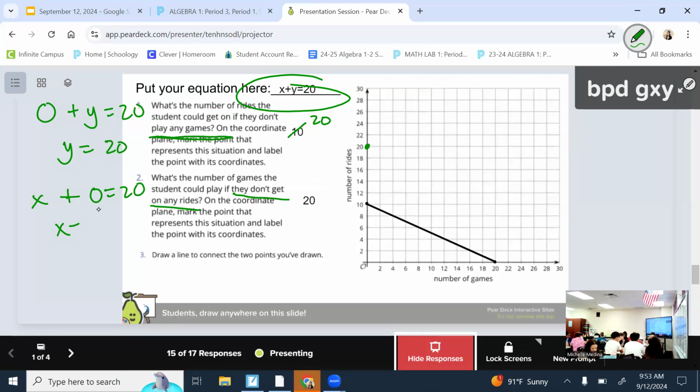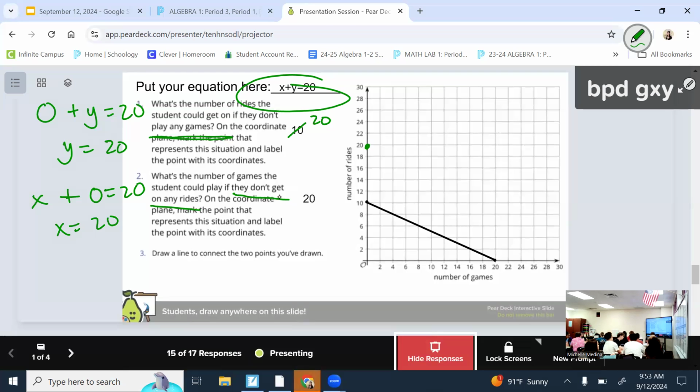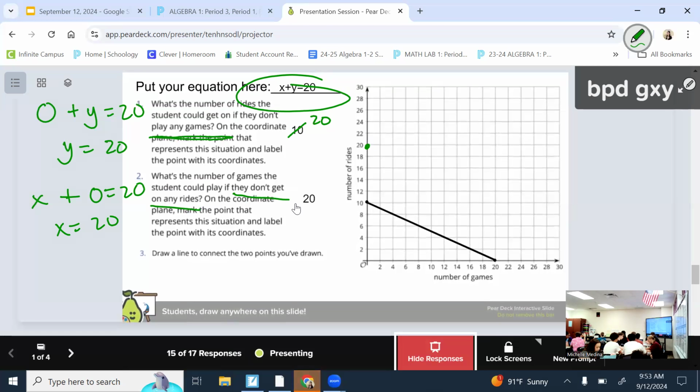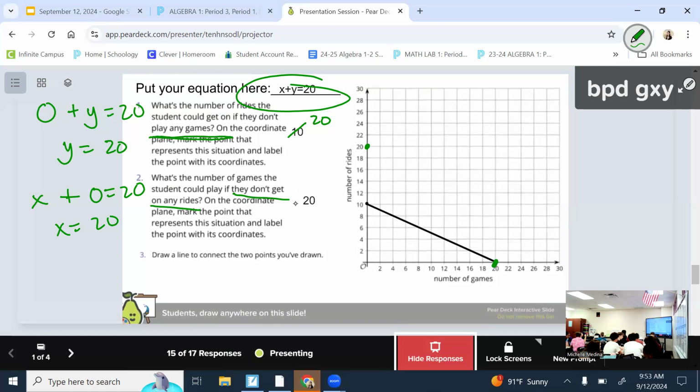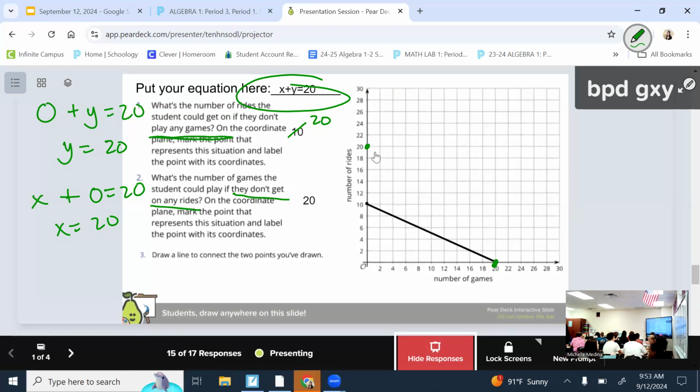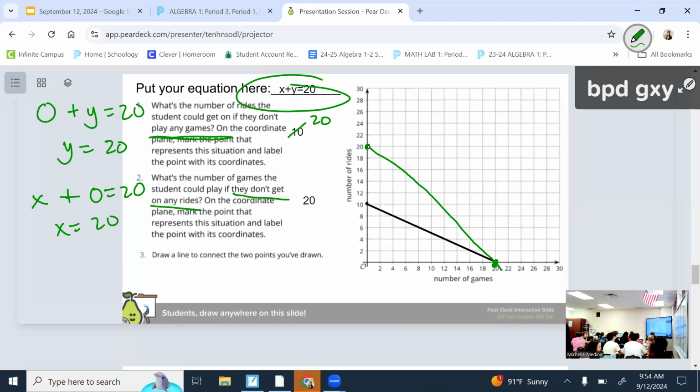X. So this is right. They would play 20 games if they don't get on any rides. So they did mark that part right. When they go on 0 rides, they can play 20 games. And you connect the dot. Questions on that?